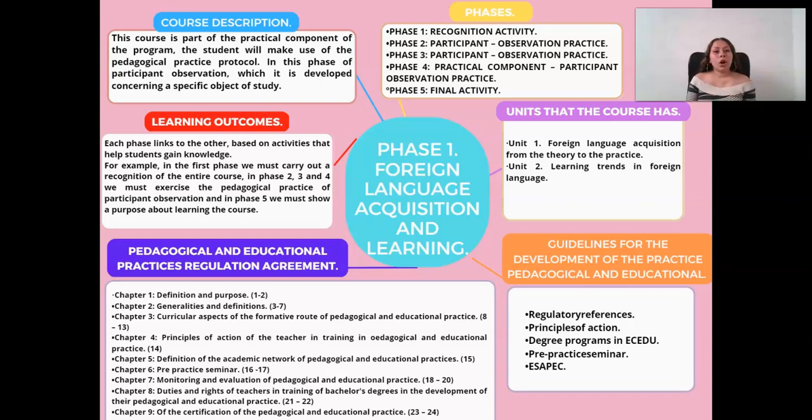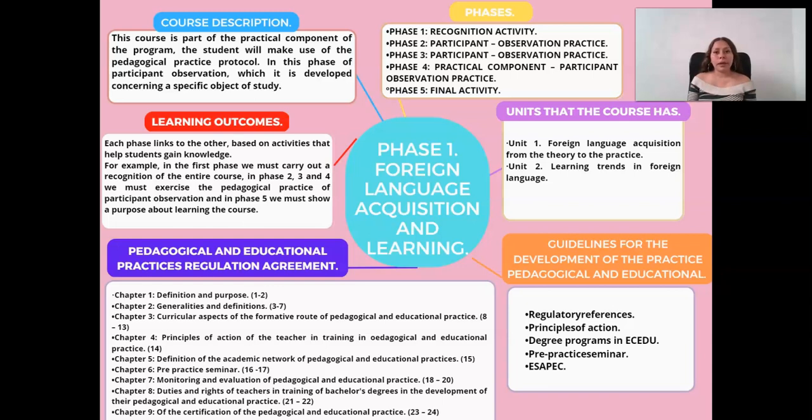Okay, in this course there are 5 phases. For example, in Phase 1, recognition of the activity, we must analyze and understand everything about the course in progress. In Phase 2, participant observation practice, we must examine the factors that influence progress in the context of practice scenarios.